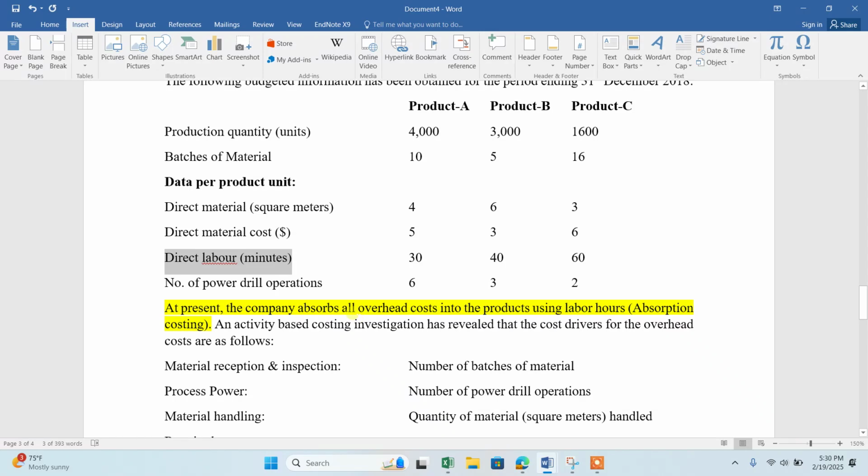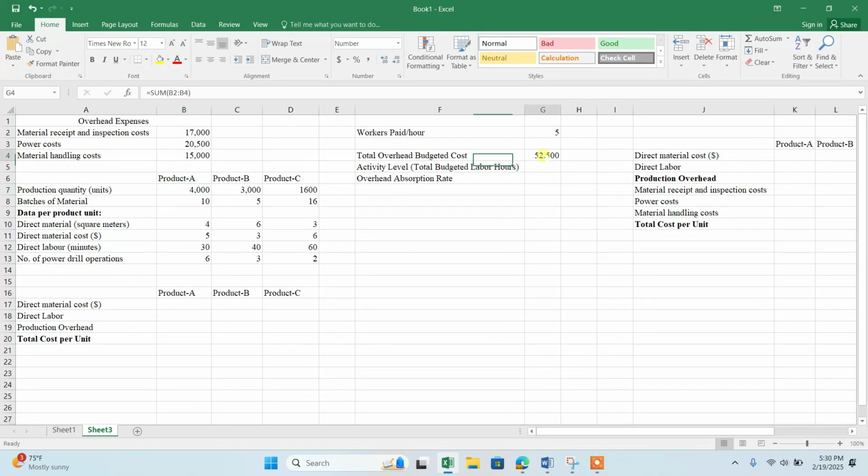Now we need to calculate the total. We have already calculated the total overhead cost, which is 52,500. Now we need to calculate this activity level, which is the total budgeted labor hours. How much labor hours are consumed to produce this much unit, which cost me 52,500?